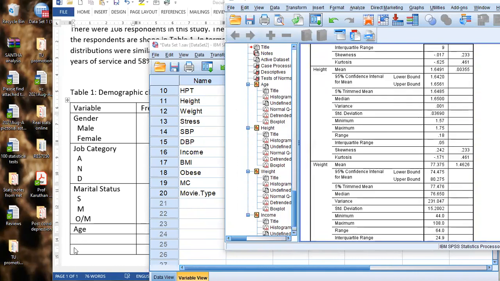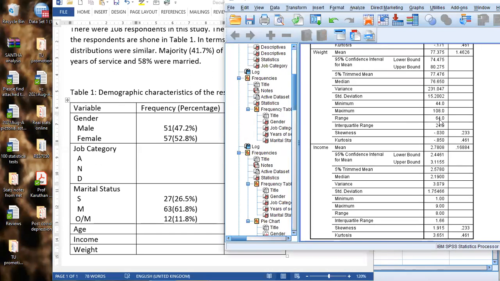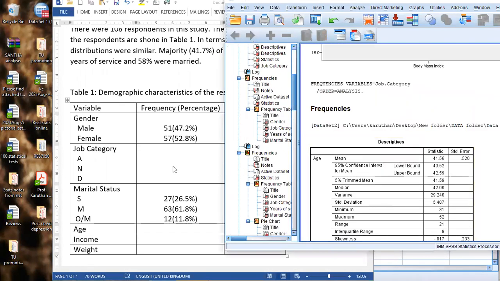The variables are age, income, and weight, just weight. So they are mean and standard deviations. Let's go to age. What's the mean age?